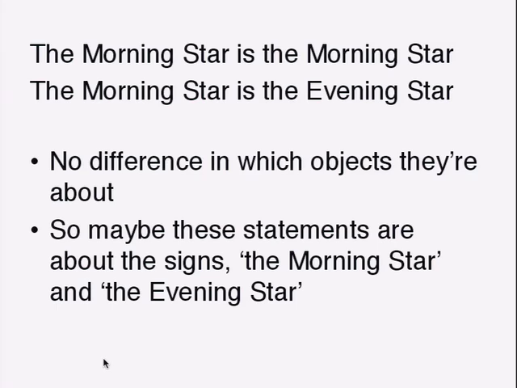And take this sign, the morning star, and take that sign, the evening star, and say they stand for something different. So really what I'm talking about here is signs. When I say the morning star is the morning star, that looks like a statement about the planets, but actually it's a statement about language. That's one theory. And then they're going to be saying different things, because they're talking about different signs.